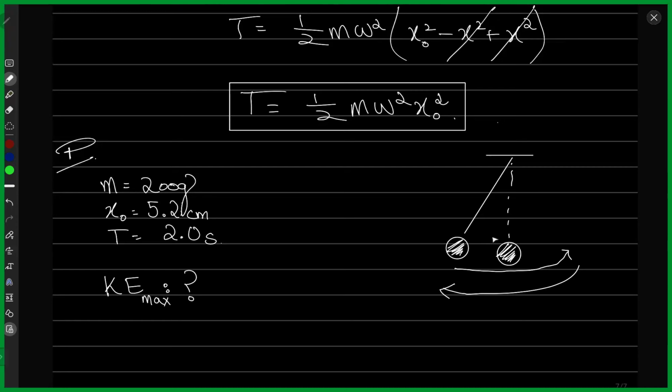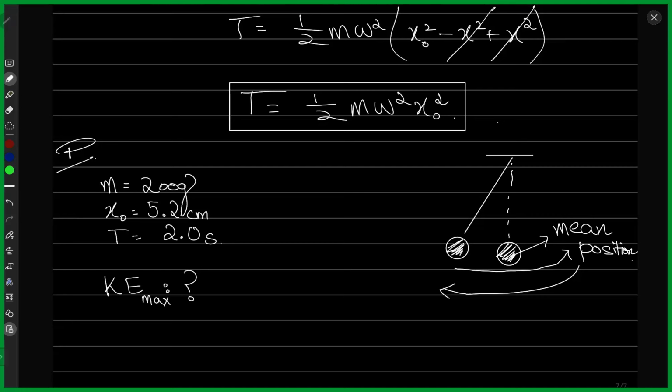So the potential energy is always 0 at the mean position. And if the potential energy is 0 at this position, then the kinetic energy is maximum. So when it's crossing the mean position, it will have the maximum speed it can possibly have. So I need to find the velocity at this position.